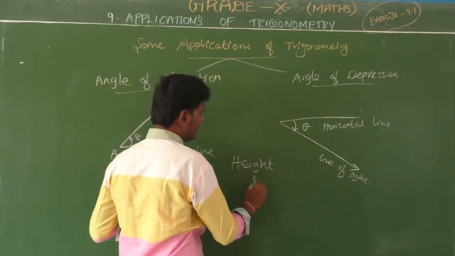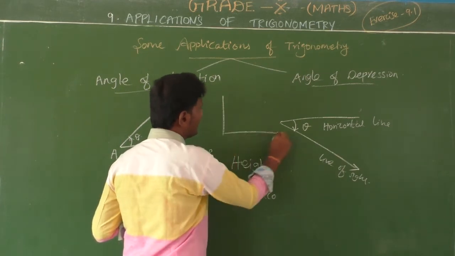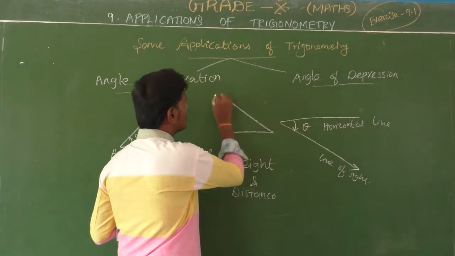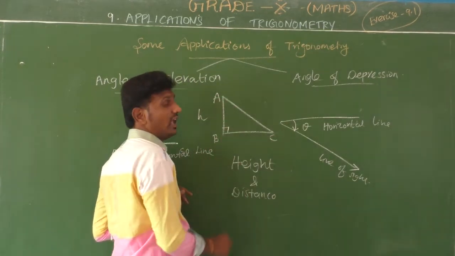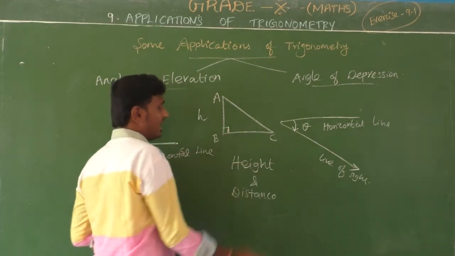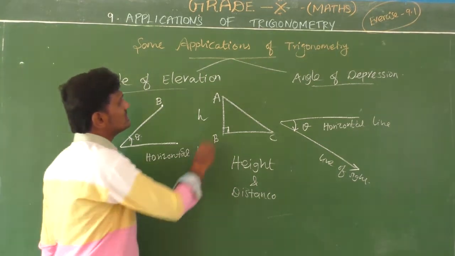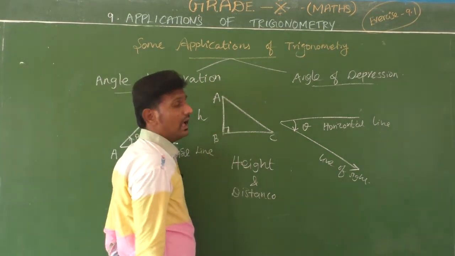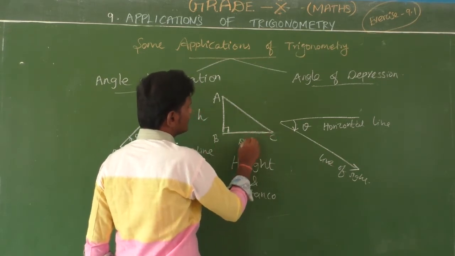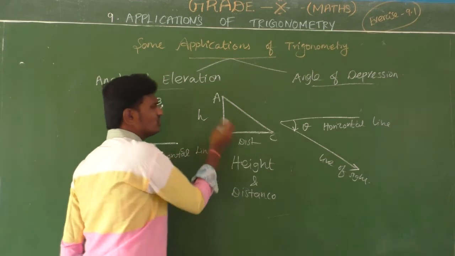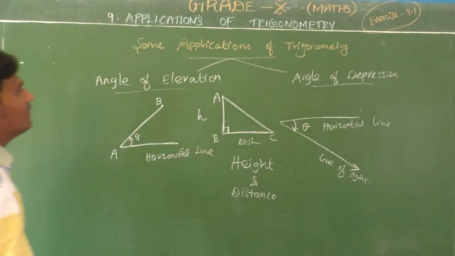In a right angle triangle, right angled at B, this is your height, and this is your distance between the two points. These two things we are going to see maximum in the whole chapter. Have you got it, children?